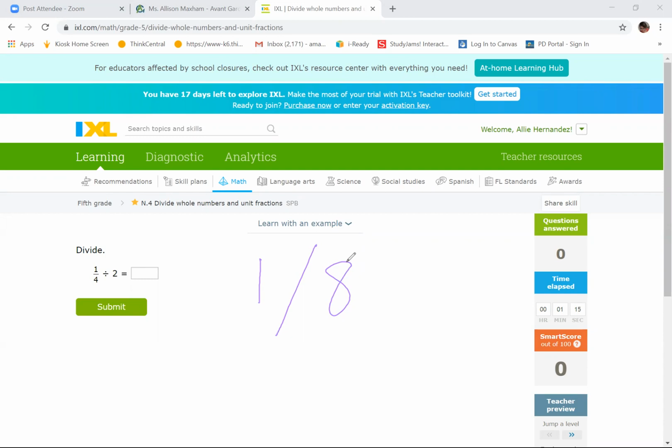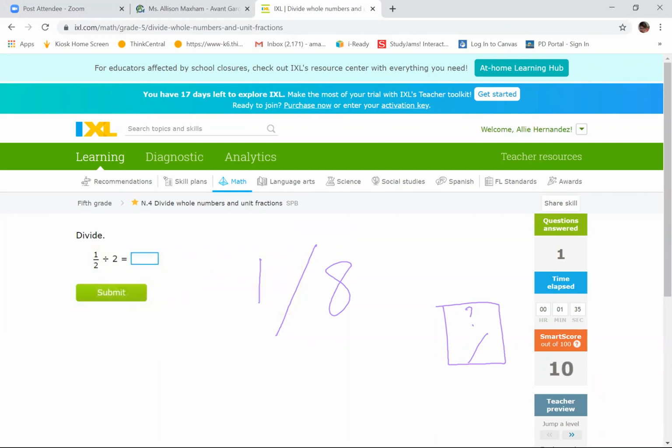That slash on your keyboard, it has the question mark and it has the slash. So my answer here is 1/8. Because every person gets 1/8.